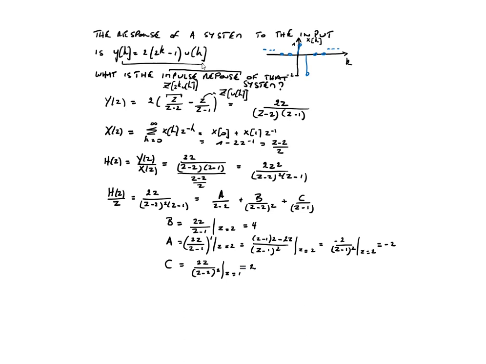So what we can do, of course, we have to multiply by z. We can write h of z as minus 2z over z minus 2. b is 4, but we'll write it as plus 2z over (z minus 2) squared plus 2z over z minus 1, right?